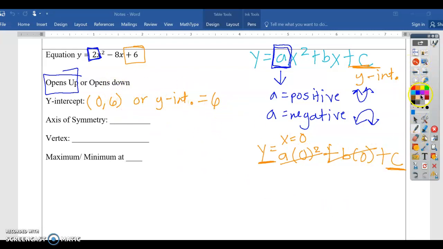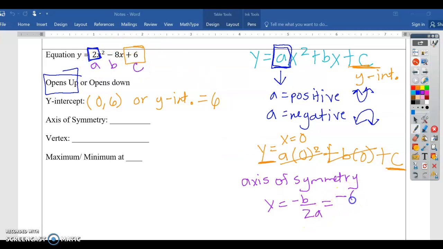Okay? Now to find the axis of symmetry. The formula for axis of symmetry is x equals negative b over 2a. So negative b, and b is this number. So this is a, this is b, this is c.